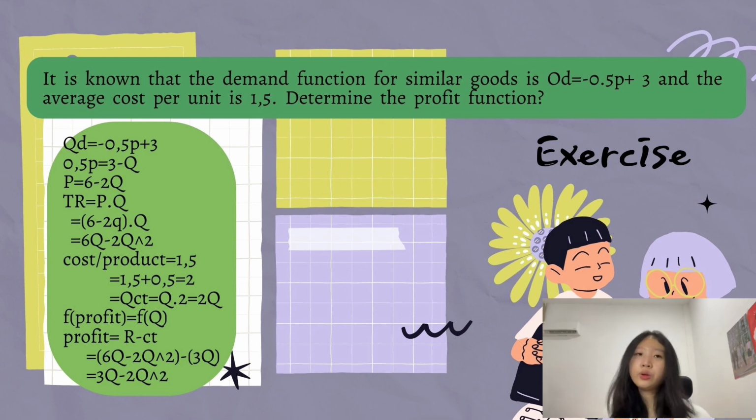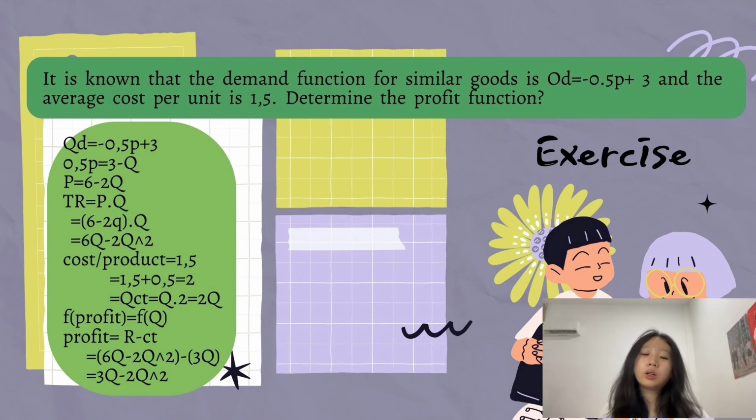Then we have to find the total revenue. It was p times q, where p is 6 minus 2q times the q. So the total revenue function is 6q minus 2q power of 2. For the cost per product itself, it was 1.5.